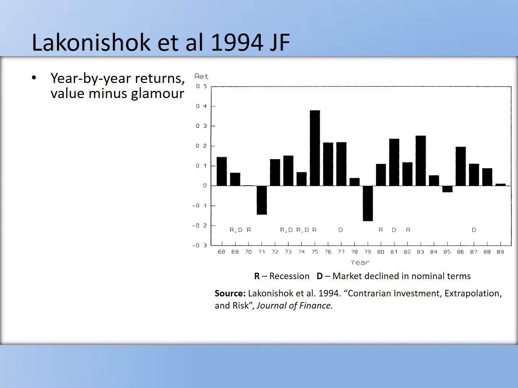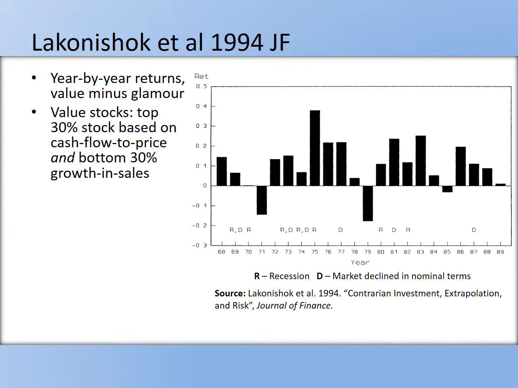This is Lakonishok, Shleifer and Vishny, 1994, the Journal of Finance article on contrarian investment, extrapolation and risk. What they did is calculate year-by-year returns of value minus glamour stock portfolios. What does that mean?